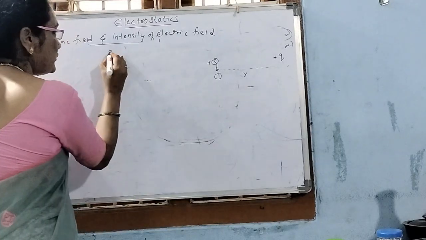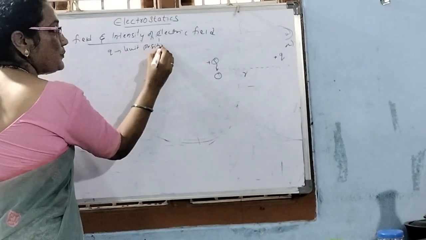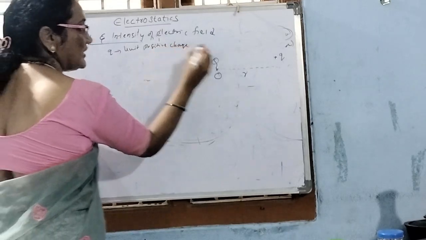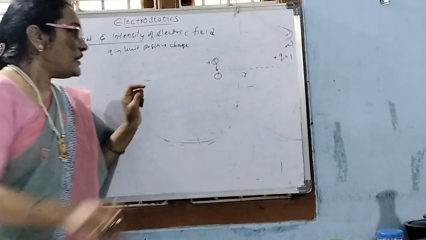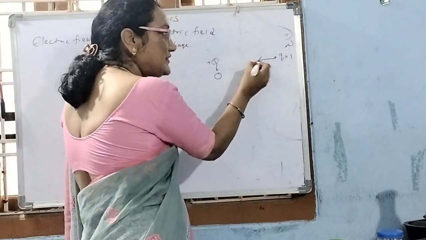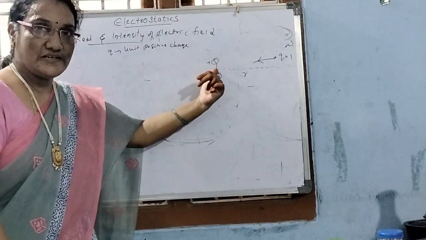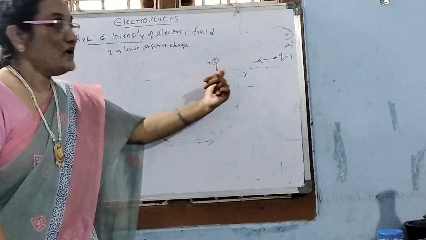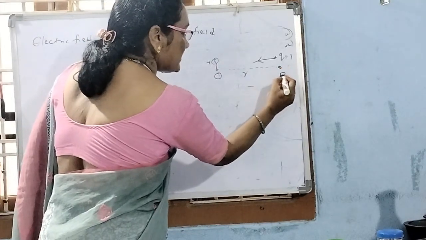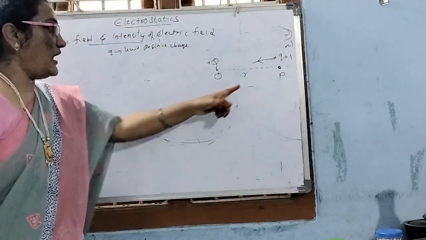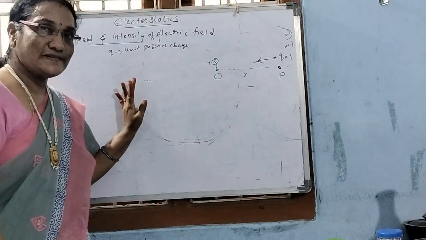Let us assume q as unit positive charge. Now, we are bringing this unit positive charge towards this charge capital Q, which is at a distance R from, assume this point as P, at a distance R from P to O.